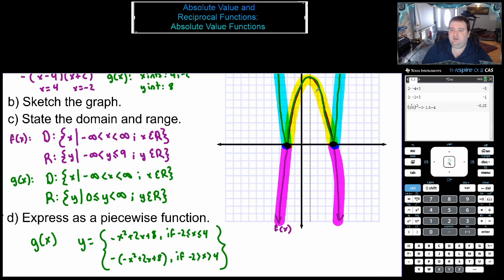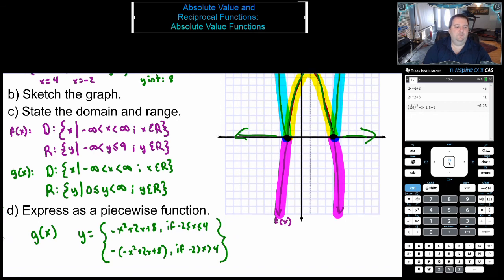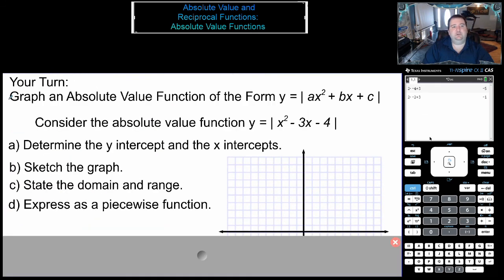And my second piece is this light blue section, where I'm saying that if I take my normal function, which is the purple piece, and I multiply it by -1, it becomes the light blue piece. And that happens below -2 and greater than 4. All right, let's move on. Your turn.